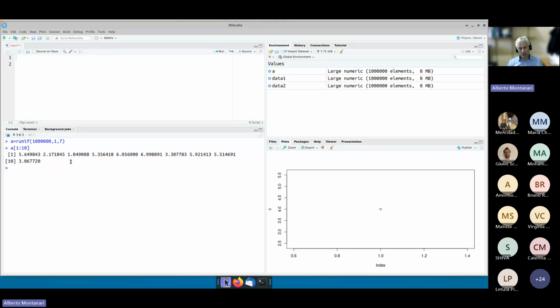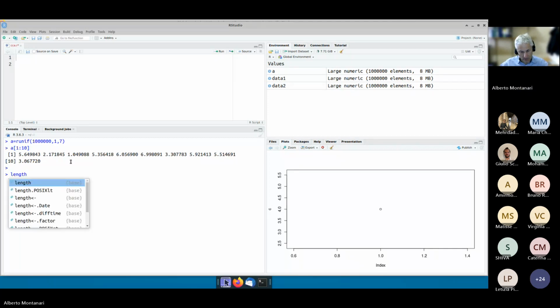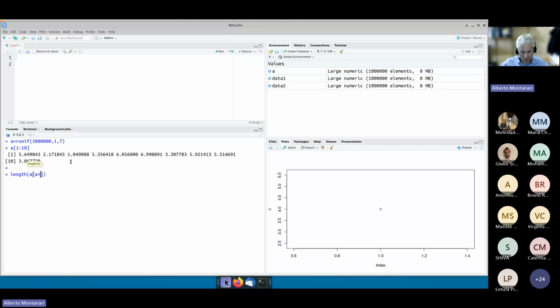Okay, now let's suppose that I want to estimate the probability of getting a value of 3.0. And let's suppose that I want to use the approach that I used before. So what I do is length of A with the condition A equal 3.0.